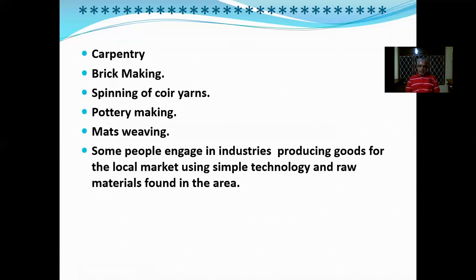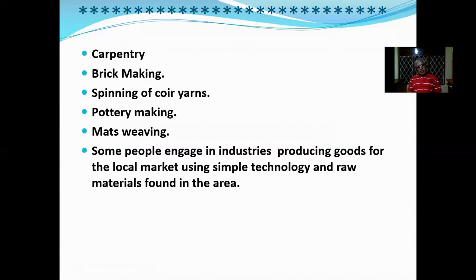Engage in industries producing goods for the local market. Local market means within the country or within their area. When they sell them there, we call it selling in the local market. If you send them to another country, then it is called foreign market.